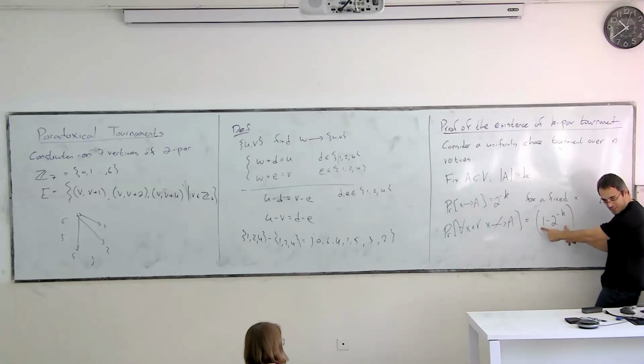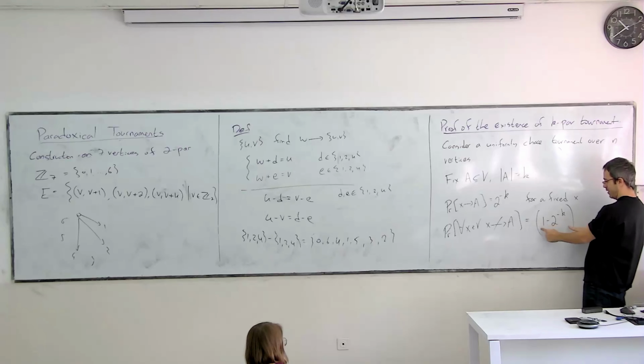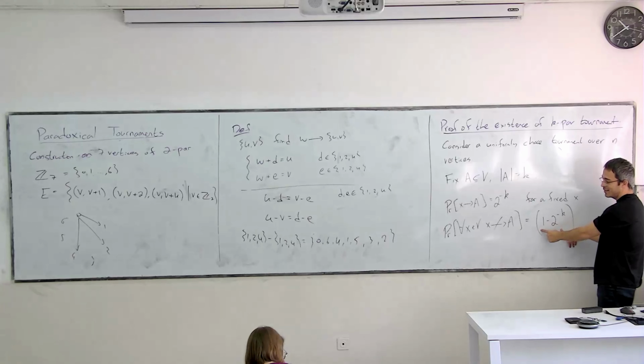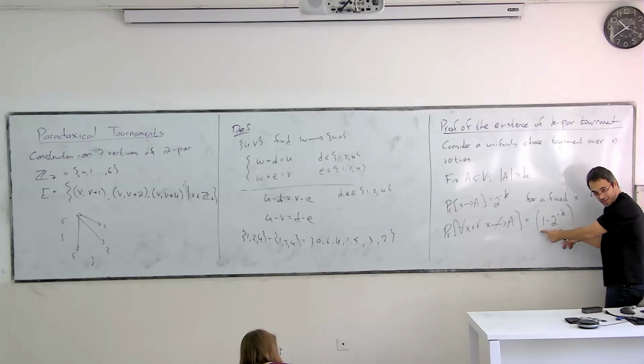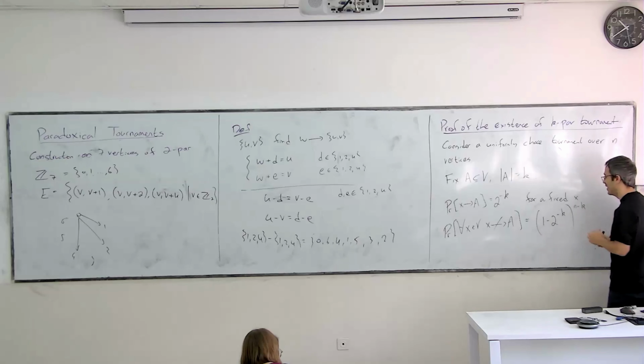Right, so that's the probability that the specific x will fail. Actually, that's exactly the probability that x will fail. And different x's are independent. How many x's should I actually count, really? n minus k.